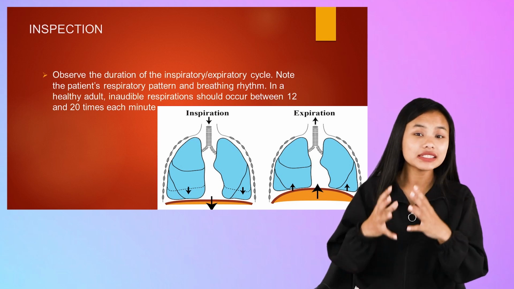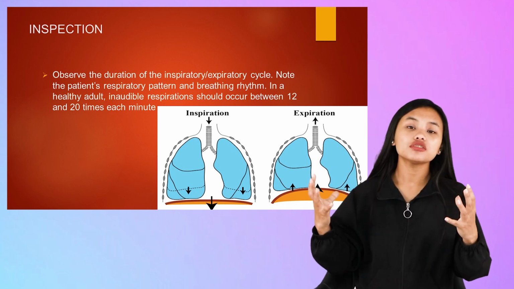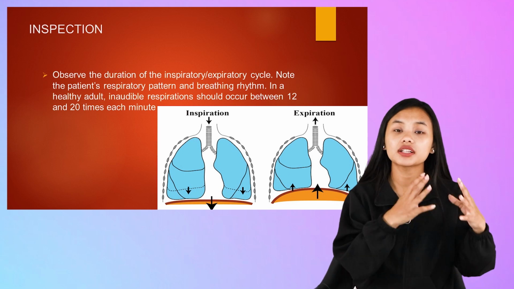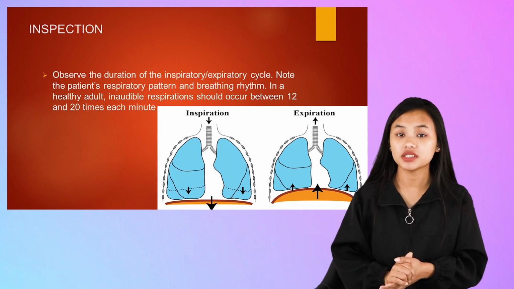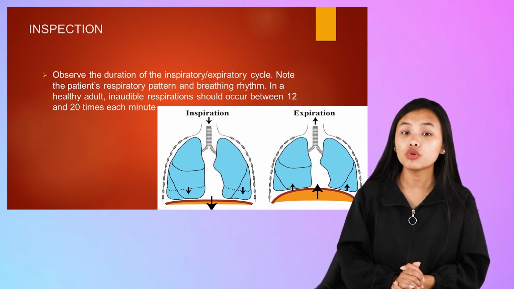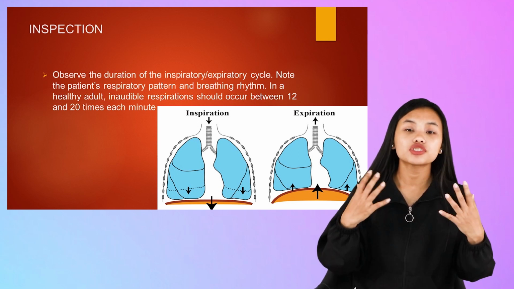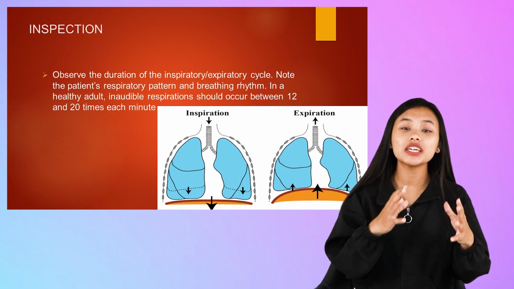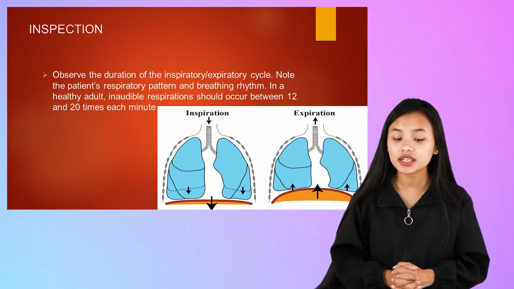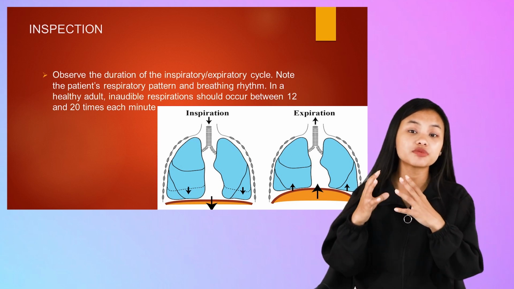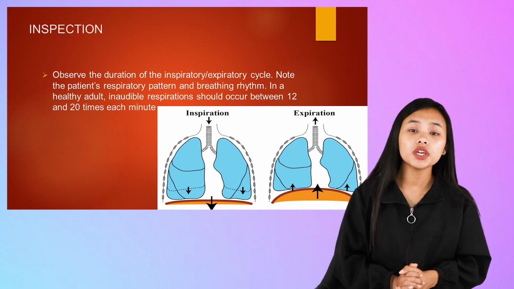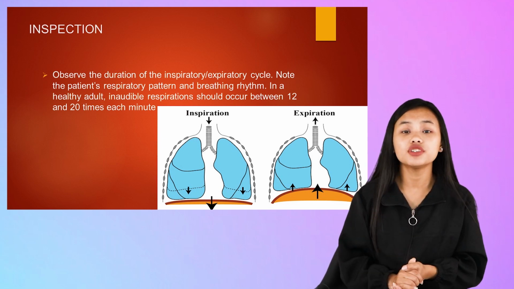And if he is having difficulty, then it can also serve as an indication that the client may be suffering from emphysema. You must also note the client's respiratory pattern as well as the rhythm. You should keep in mind that in a healthy adult, inaudible respiration should occur between 12 to 20 times each minute.